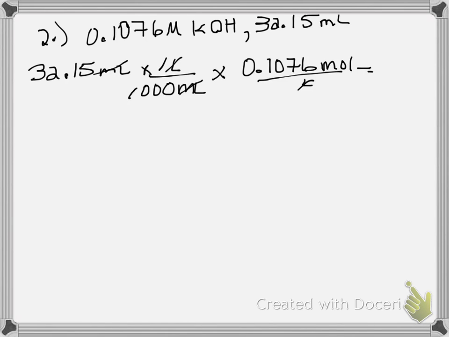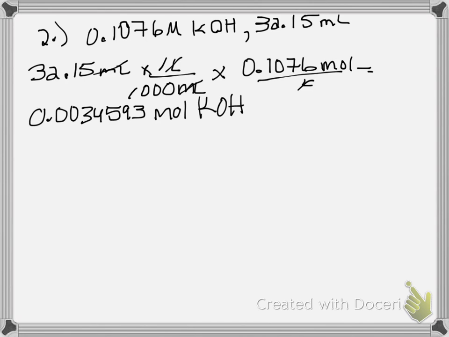If I do that, we can determine how many moles of KOH are used. So let's see, 0.003459. And I'm going to keep one extra digit to avoid rounding error. I only have 4 sig figs, but I'm in the middle of the calculation, so I'm going to keep an extra one. So this is moles of KOH.